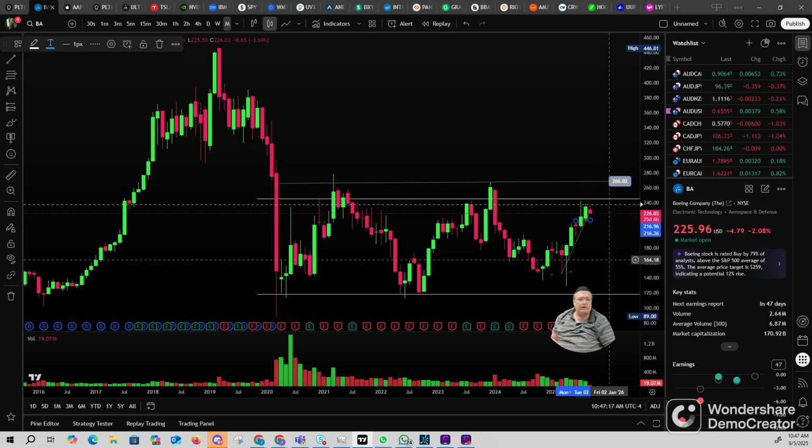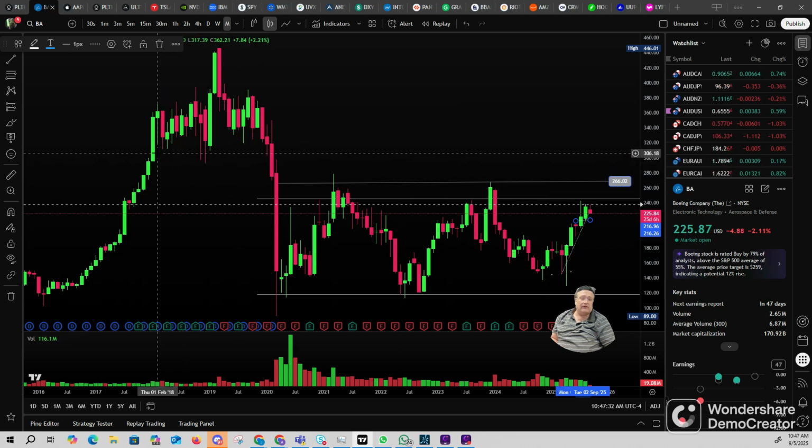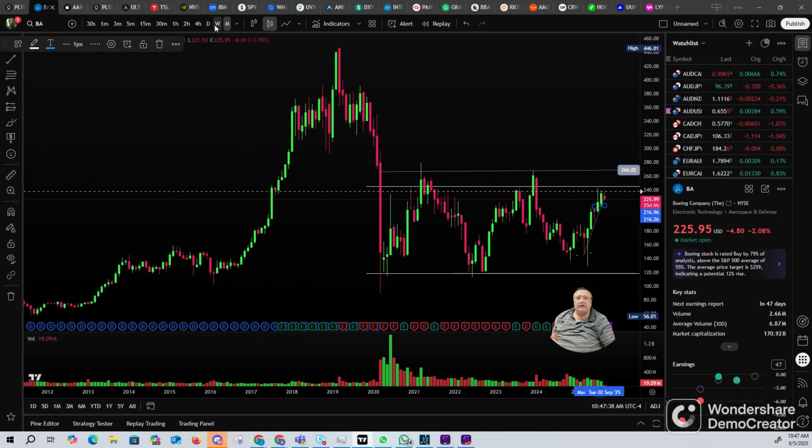And the question is, are we going to come here or are we going to break out and possibly even break out of this level, which gives us room to the 300s before we find our next area of resistance. And so that's on the monthly.